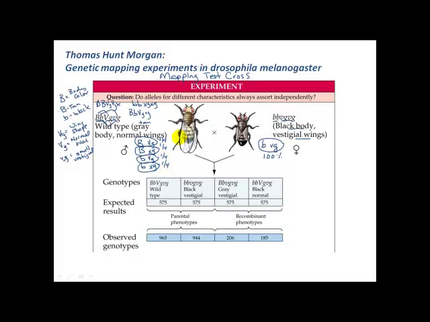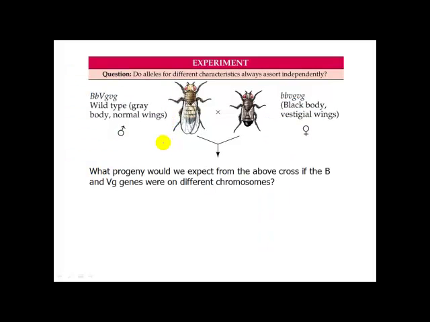Okay, so if we did this cross, not knowing if these 2 genes, B and VG, were linked or not, what would we expect to get if the genes were on different chromosomes?